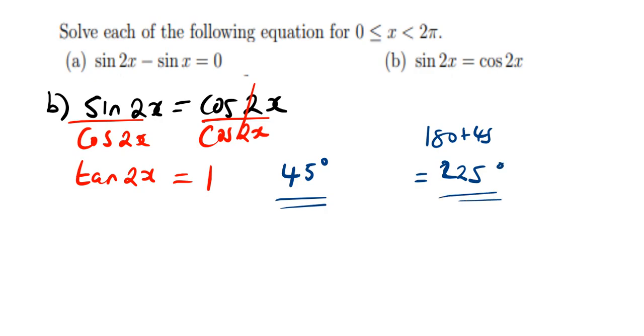So these are the two answers, but now we're taught to simplify them in terms of pi. So 45 in terms of pi is the same as 45 over 180, times pi. Now when I divide, what do I have? 9 into 45, what is 9 into 45?